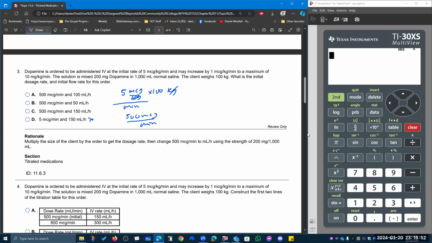And then the initial flow rate here in milliliters per hour. Let's change micrograms to milligrams. I'm moving the decimal point 3 places to the left, so that's 0.5 milligrams per minute times 1,000 milliliters over 200 milligrams.